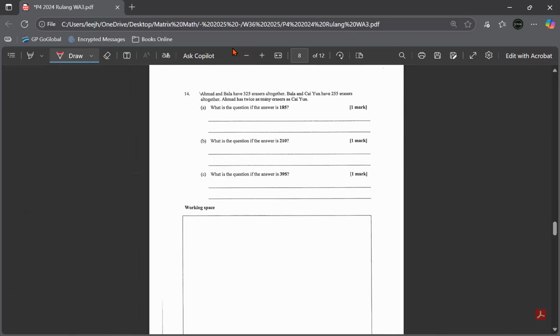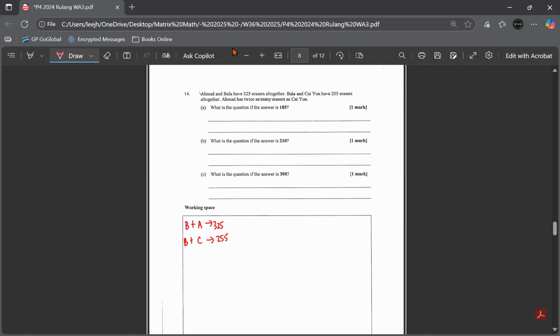I am going to put Bala first. So Bala and Ahmad is 325, then Bala and Cyrene is 255, right? Then it says Ahmad has twice as many as Cyrene.